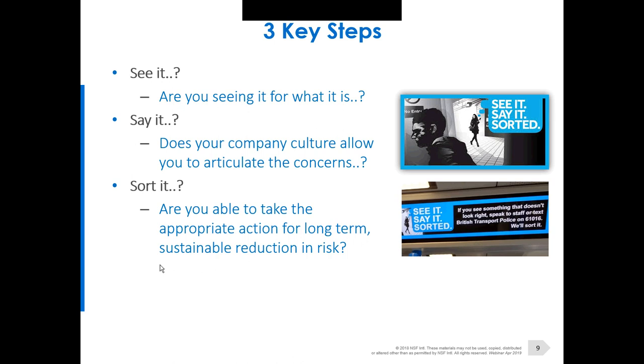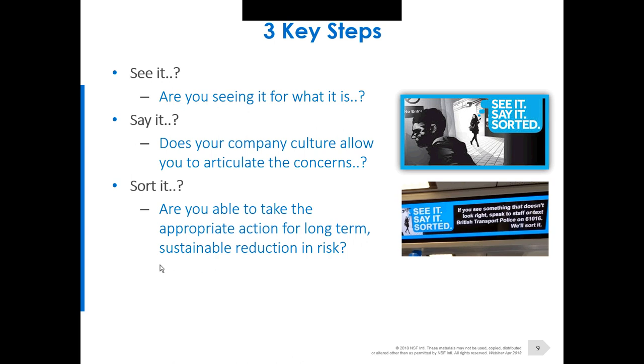It doesn't appear on audit reports, it doesn't appear on agenda or management review. So for that reason, the first thing in risk management is you have to actually be able to see the risk for what it is. So all of your processes that are around the identification of risk have to be world-class.